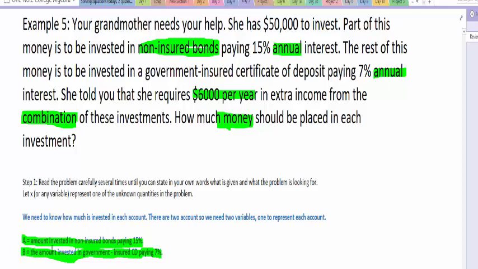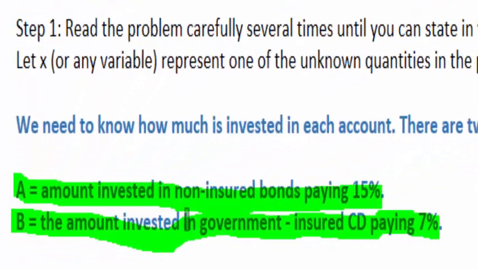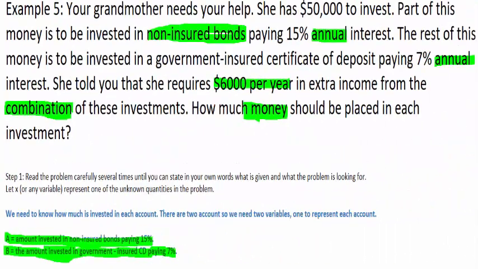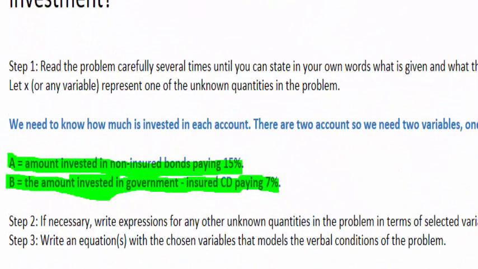The more detail you get in defining your variables, the easier it is later to go back and put the right context when you look at your problem. So it's actually a very good idea to put a lot of detail in when you're defining your variables.